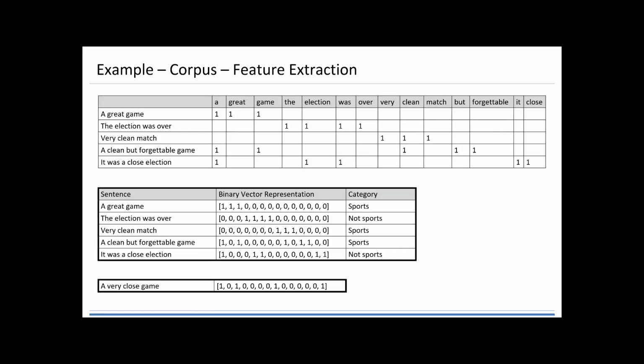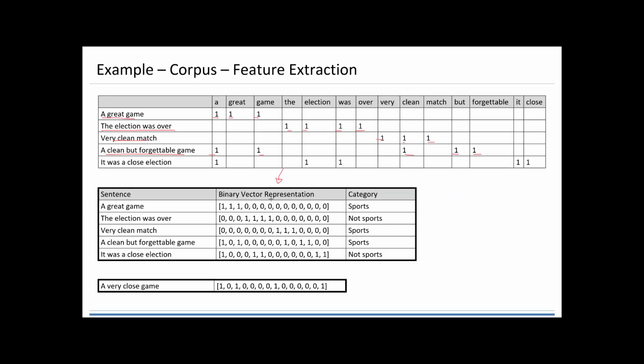Now we have the previous texts and we can make this kind of matrix: a great game, the election was over, very clean match, clean but forgettable game, and so on. With this information, we can have a binary vector representation.